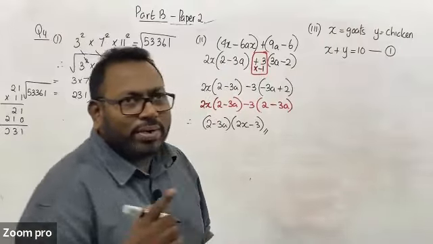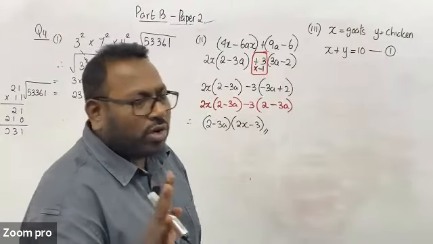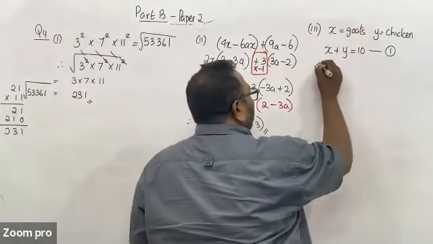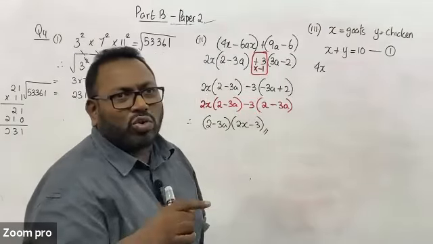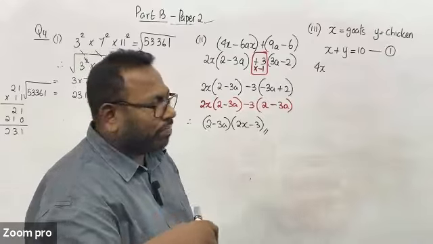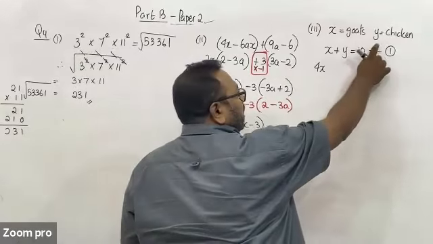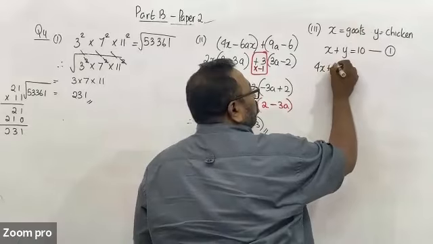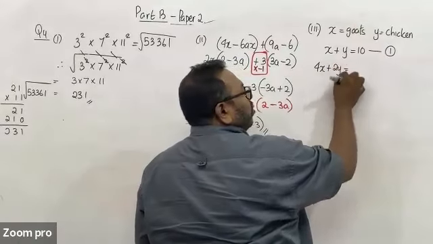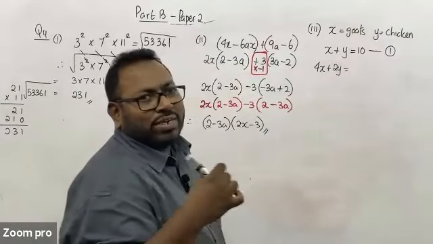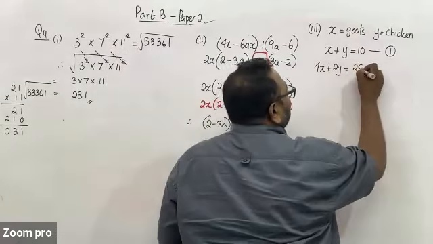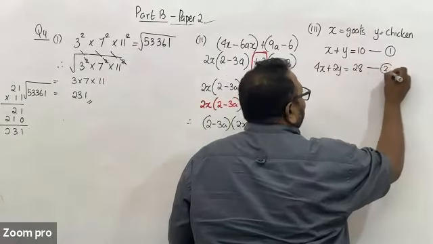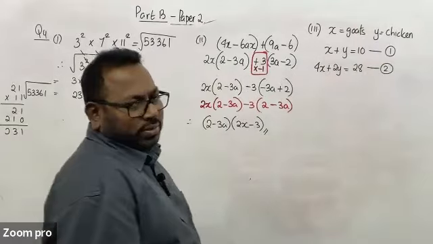So goats have how many legs? Goats have 4 legs. So 4 multiplied by the number of goats will give you the total legs of the goats in the farm. How many legs do chicken have? 2. So 2y will give you the number of legs of the chicken in the farm, totaling up to 28, which is your second equation.